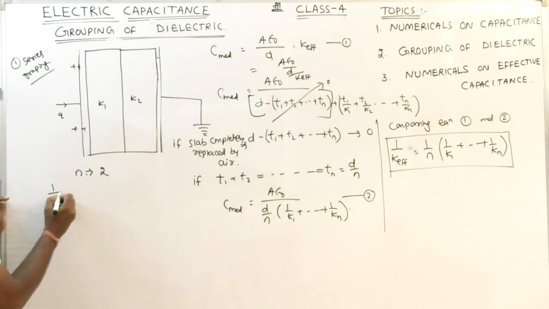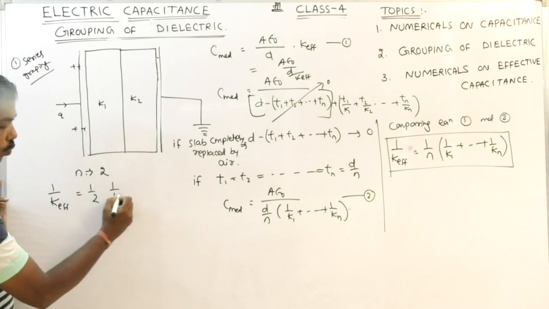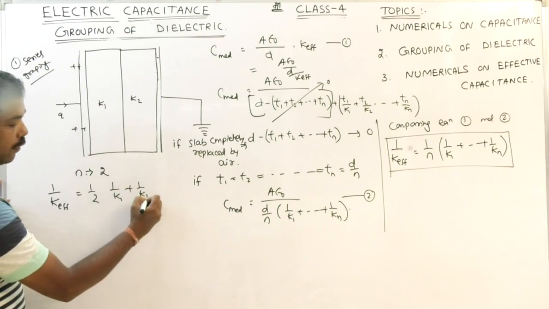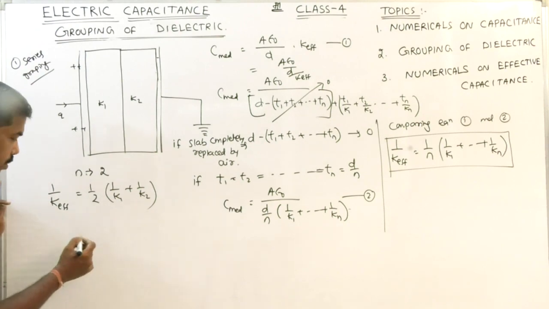So the formula becomes 1 by K effective is equal to 1 by 2 into (1 by K1 plus 1 by K2). Clear? Did you get me?